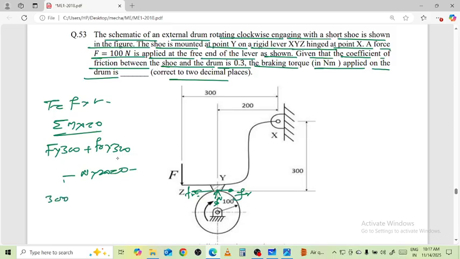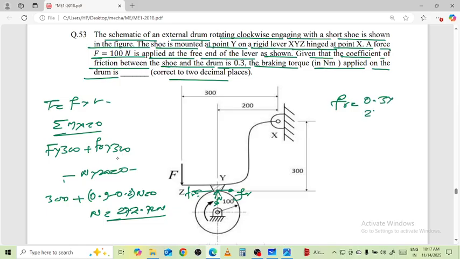So here 300 plus 0.9 minus 2 times normal is equal to 0. Normal force comes to 7.72, friction force is mu times Rn, 0.3 times 27.7 Newton.